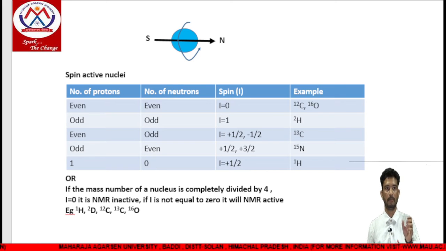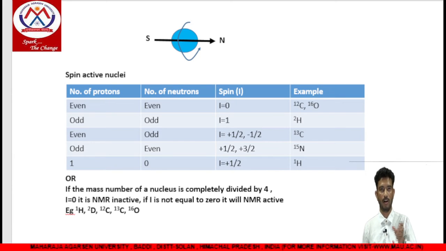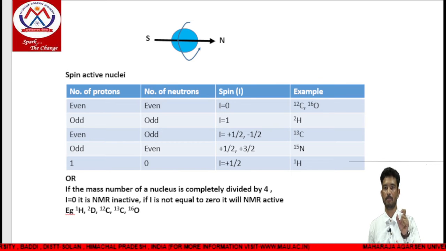Now if we have odd protons or odd neutrons, as we can see in the slides, we have some value of I. This holds when there is an odd number of protons, an odd number of neutrons, or both are odd.